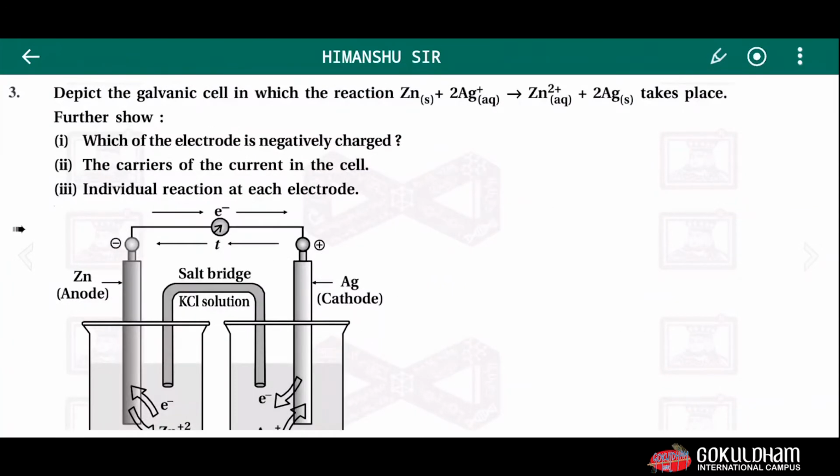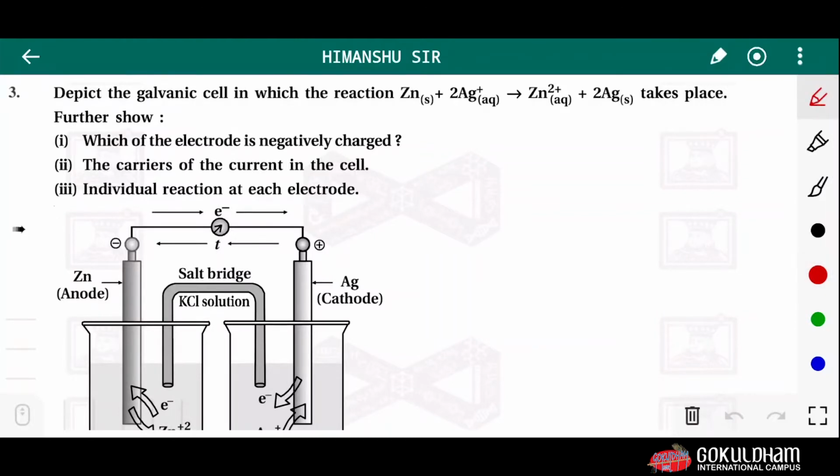Now in our third example, depict the galvanic cell in which the given reaction takes place: Zn plus 2Ag+ gives Zn2+ plus 2Ag.